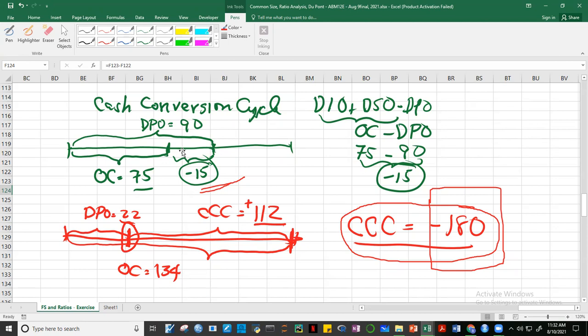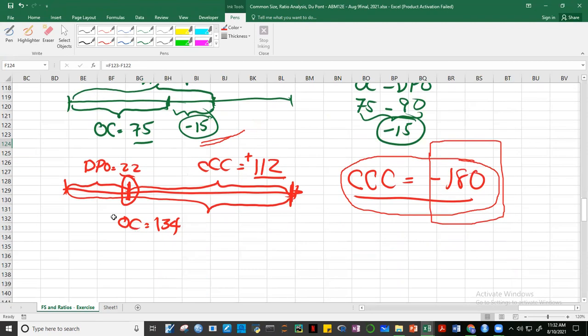No? So the bigger the negative the cash conversion cycle is, in a sense, that's the better for the company kasi mas magagamit nila yung funds nila for a longer time muna bago nila babayaran yung suppliers.